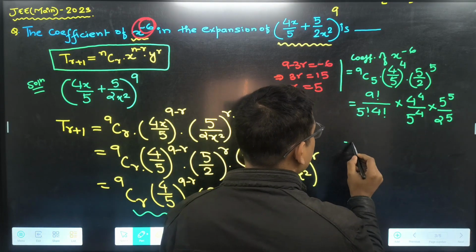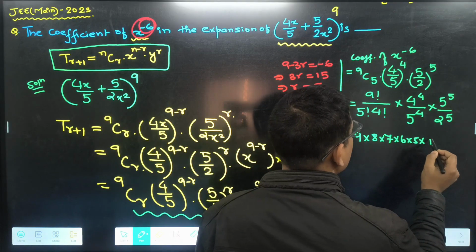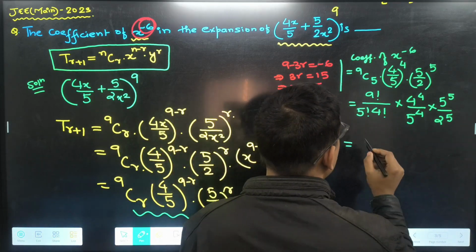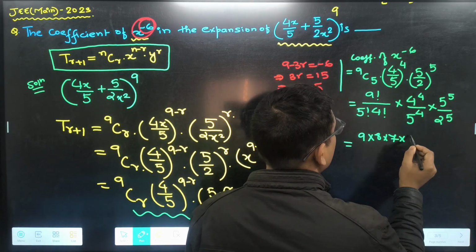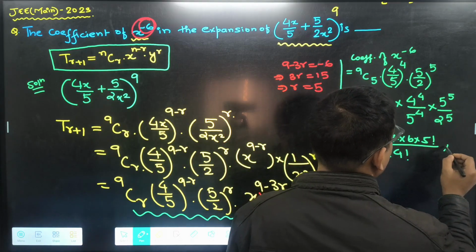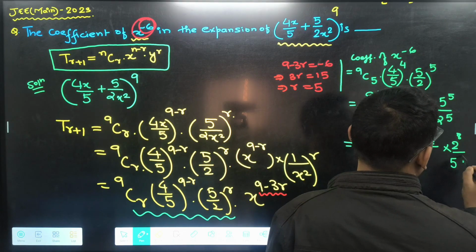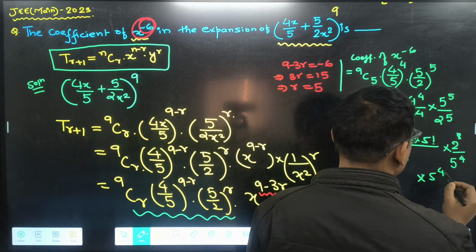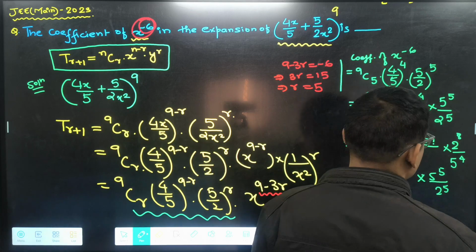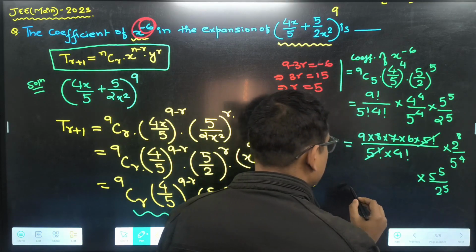So here it will become 9 into 8 into 7 into 6 into 5 factorial, by 5 factorial into 4 factorial. 4 to the power 4, we can write as 2 to the power 8 by 5 to the power 4, into 5 to the power 5 by 2 to the power 5. Here 5 factorial got cancelled.